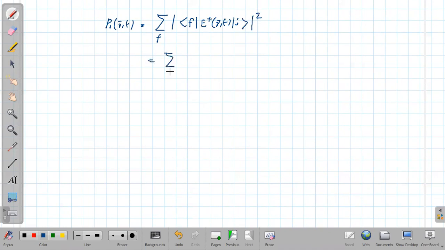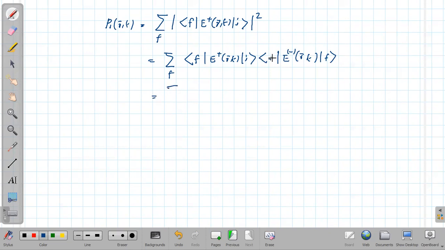This would be equal to the sum over f of ⟨i|E⁻(r,t)|f⟩⟨f|E⁺(r,t)|i⟩, since the complex conjugate becomes E⁻(r,t) with f.